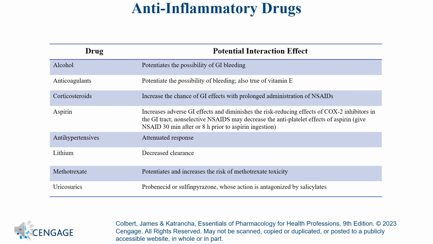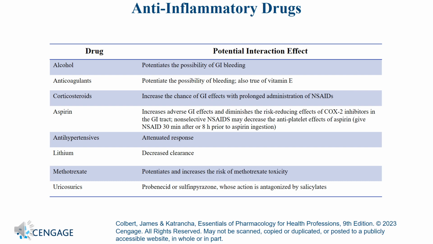Aspirin increases adverse GI effects and diminishes the risk-reducing effects of COX-2 inhibitors in the GI tract. Non-selective NSAIDs may decrease the antiplatelet effects of aspirin. Give the NSAID 30 minutes after or 8 hours prior to aspirin ingestion.